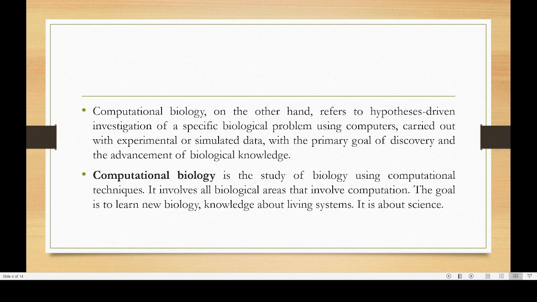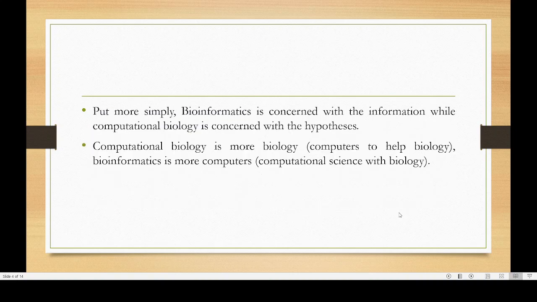Biology is about living systems. It is about science. To put it more simply, bioinformatics is concerned with information, while computational biology is concerned with the hypothesis, how new discoveries are made.